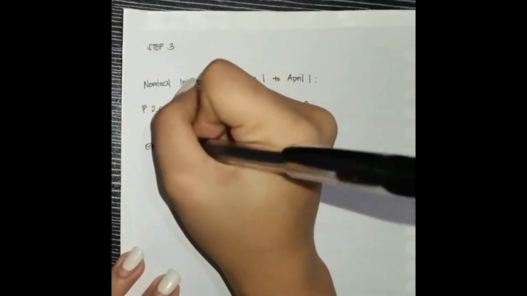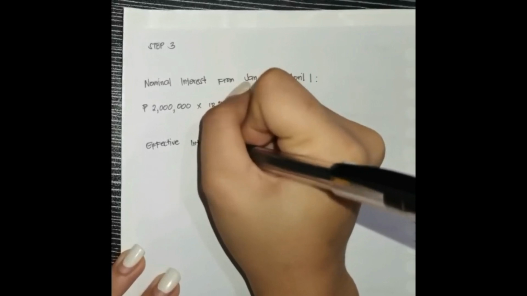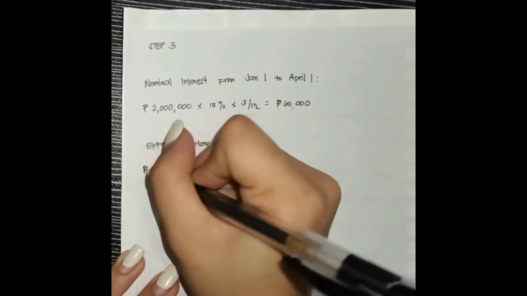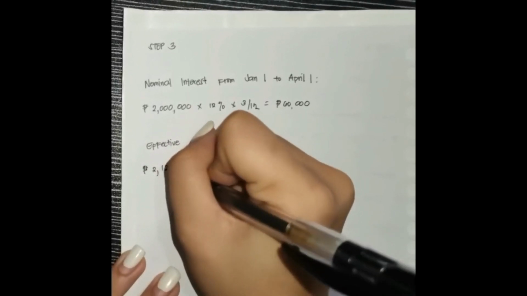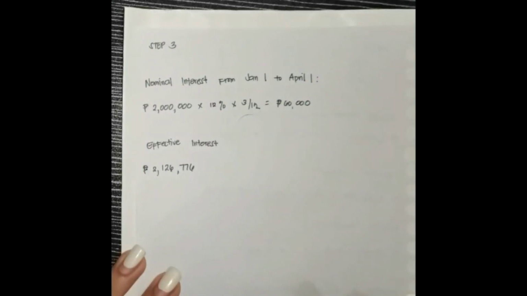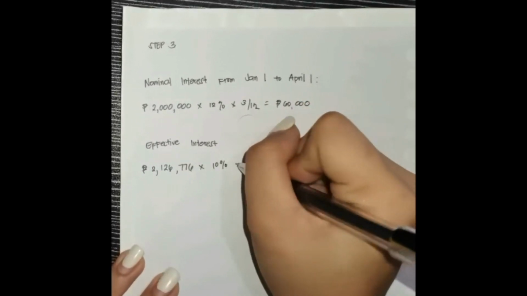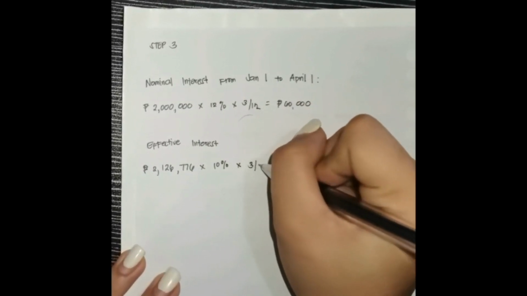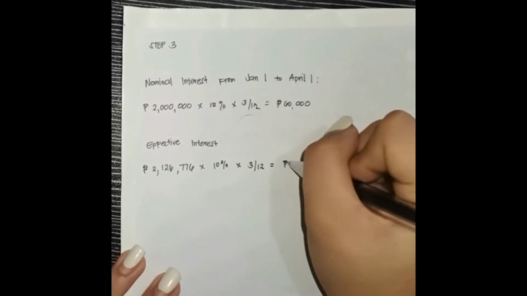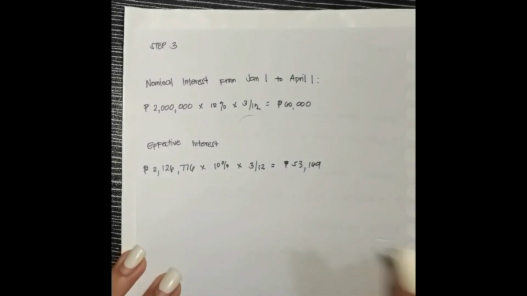Next is our effective interest. We have 2,126,776 pesos. That is our total PV as of January 1, 2021 times 10% times our 3-month period. And that is equals to 53,169 pesos.